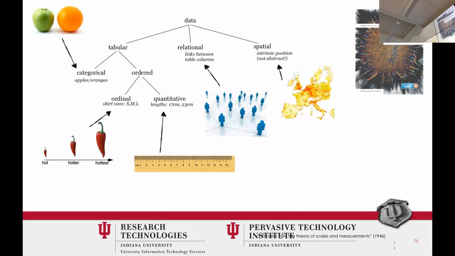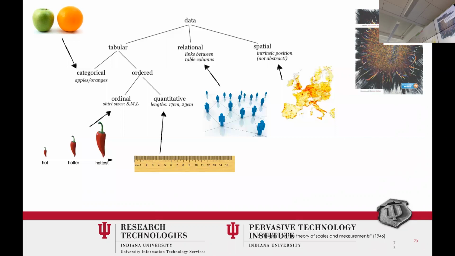So this is somebody else's chart. This is nominal, ordinal. Then they just have quantitative. They don't actually separate quantitative into interval and ratio, but we know that there is a difference there. It's what operations you can perform on those.